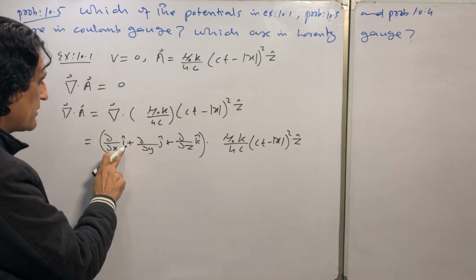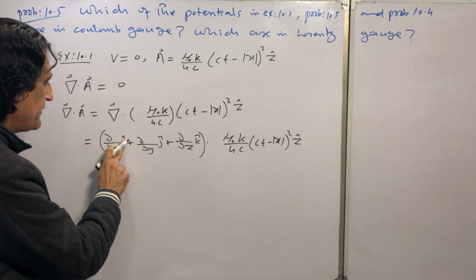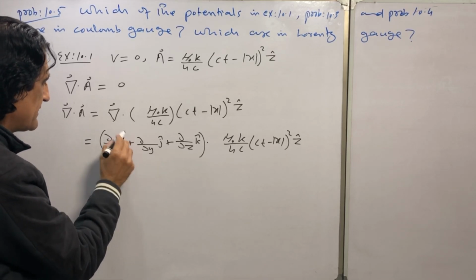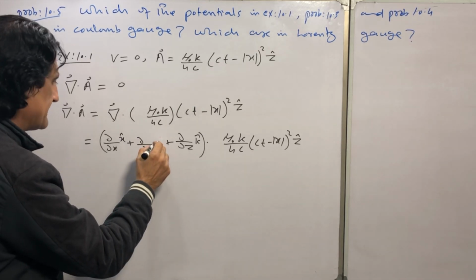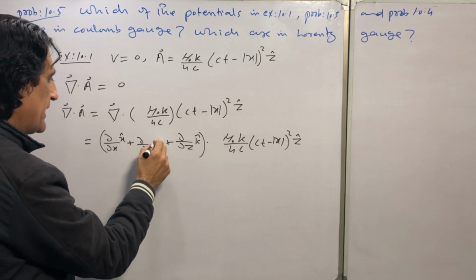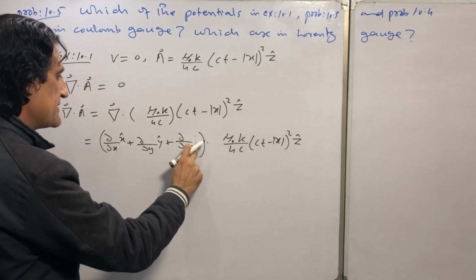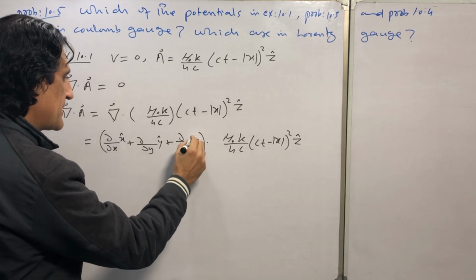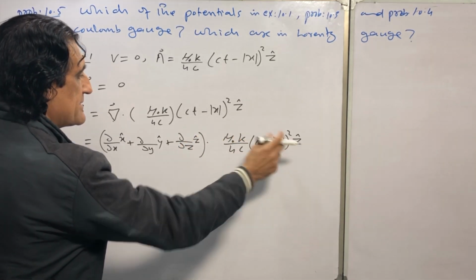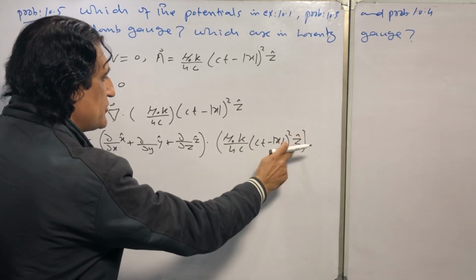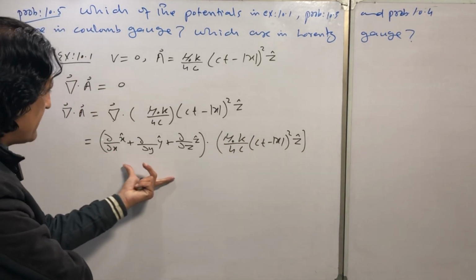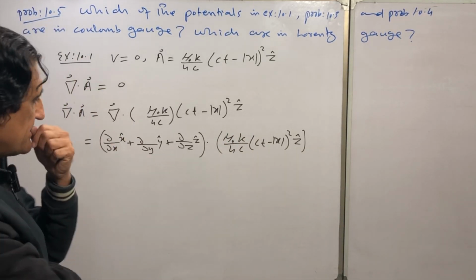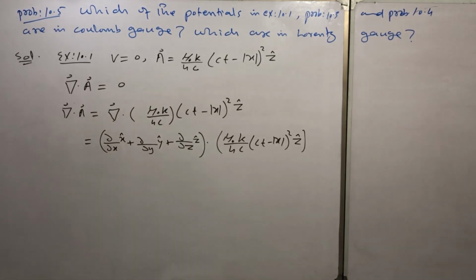It will be more suitable if we replace x by x unit vector, y by y unit vector and z by z unit vector, because here the z direction is being used, so it is very convenient to write this in these kinds of unit vectors.